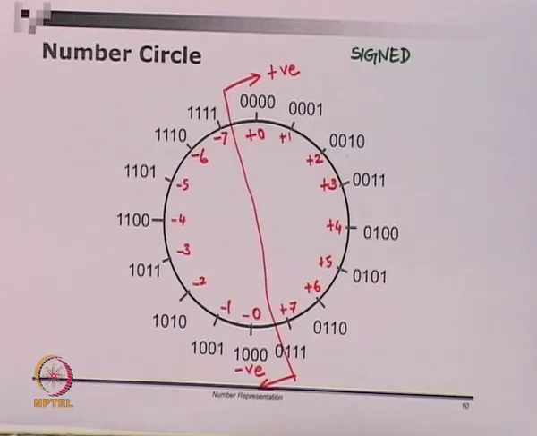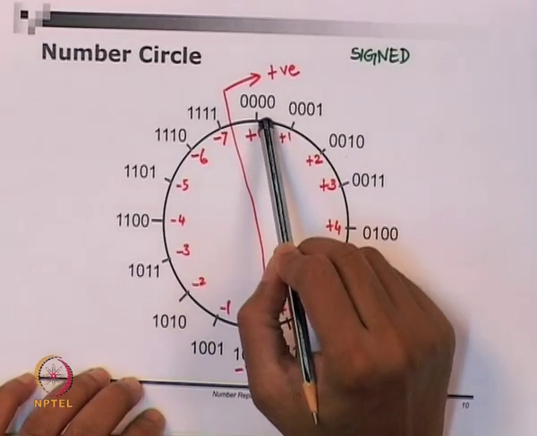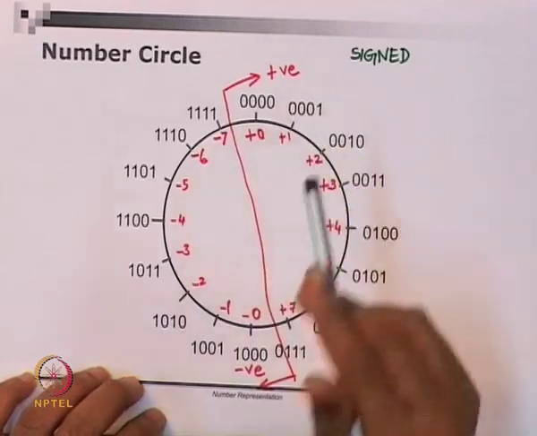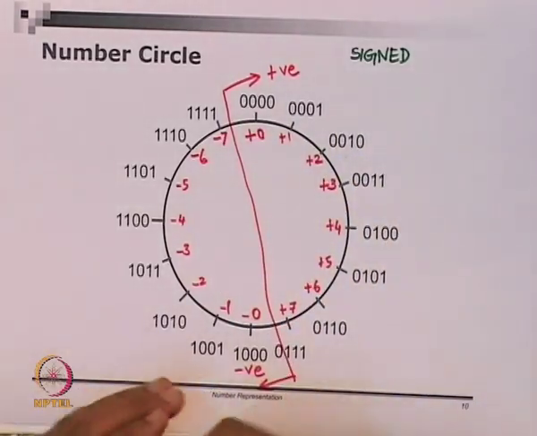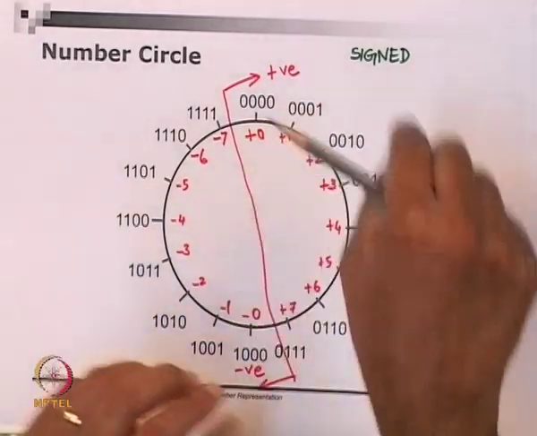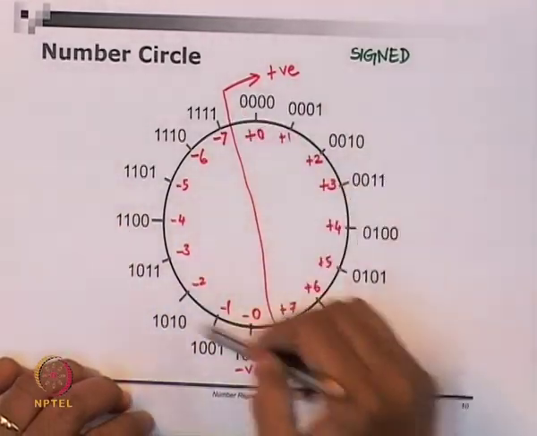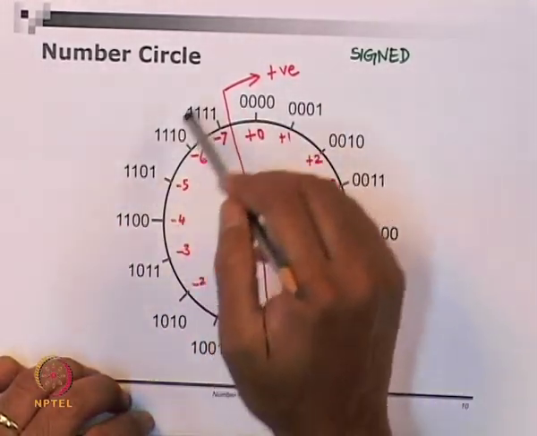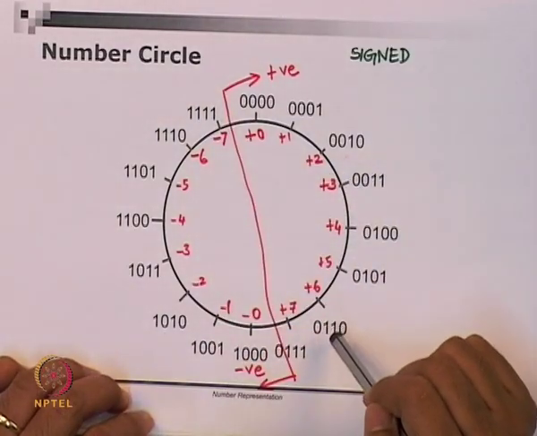And if you notice, there are a few things. So this is only for 4 digits. If I want to get the circular representation for 5 digits, you should draw a circle which has more values in it. So this has 16 values, you should be able to draw one with 32 of them, right?